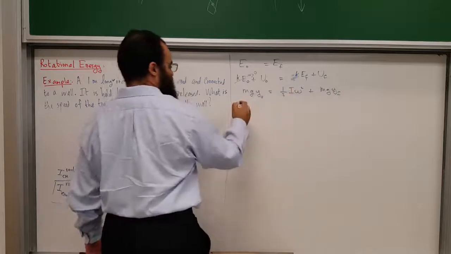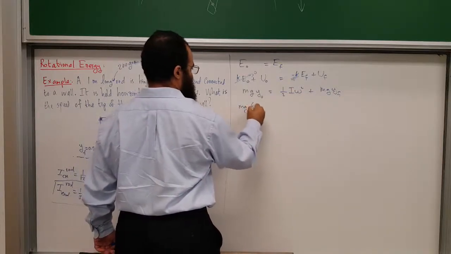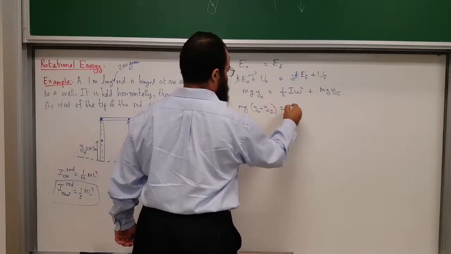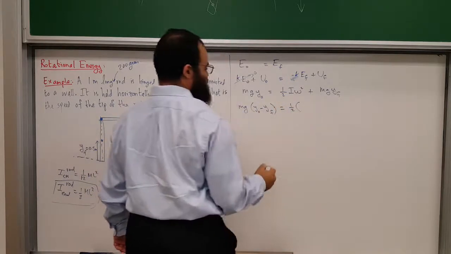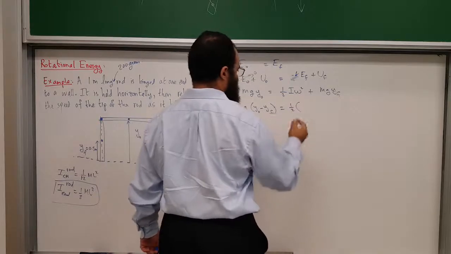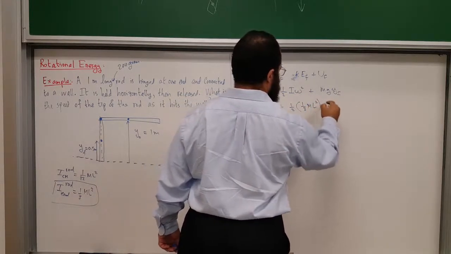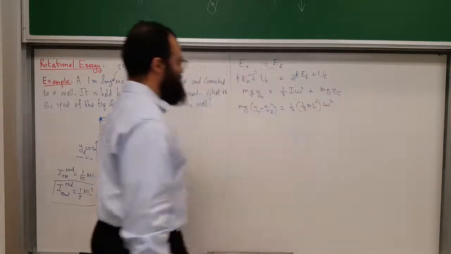So let's move the y final here. You get mg times (y initial minus y final) equals 1/2 times the moment of inertia for a rod about its end, 1/3 ml squared, times omega squared.